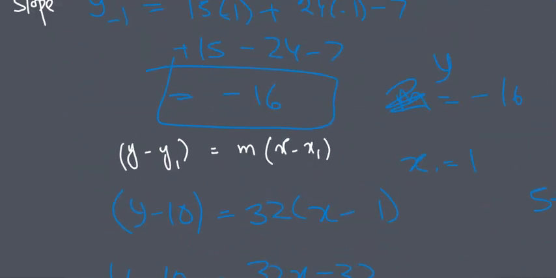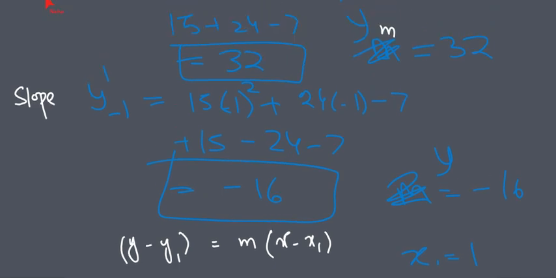What the first derivative did was model the slope of the entire function, and by just substituting the domain values we can get the slope at that particular value. As you can see, at 1 you were getting the slope 32, and at negative 1 you were getting the slope negative 16. So you can see there is a difference of trend too. At negative 1 the function is decreasing, at positive 1 the function is increasing, right?